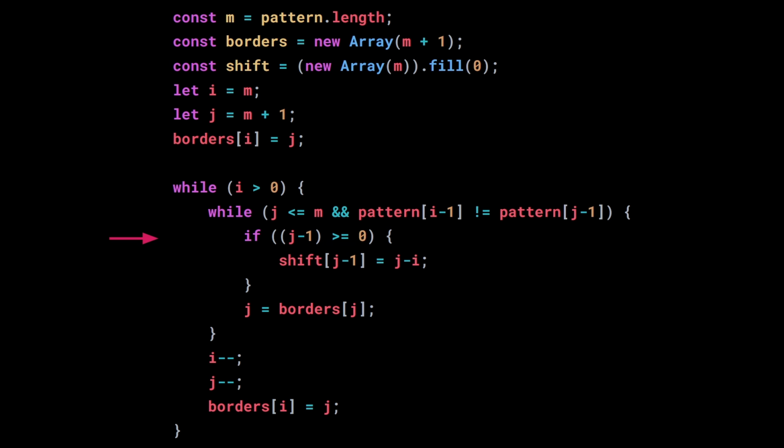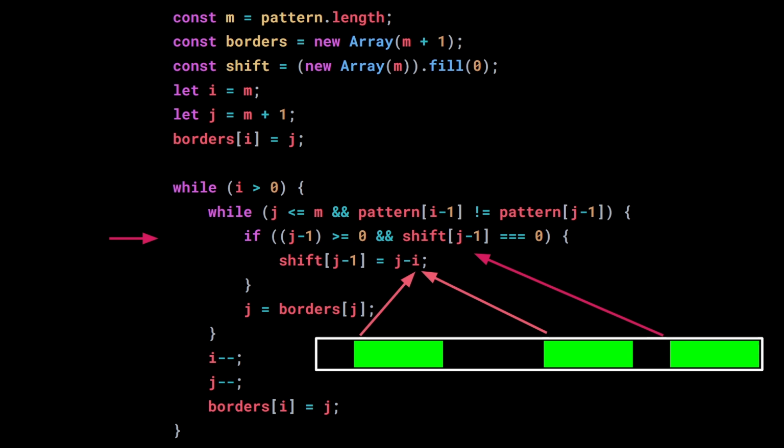So we add a condition to make sure it's superior or equal to 0. And because we are probably going to visit the same position multiple times, we don't want to erase our previous work, because we only care about the last occurrence. So we'll only set the value of shift if it is equal to 0.